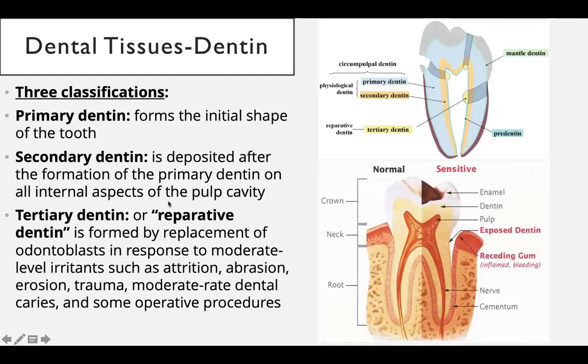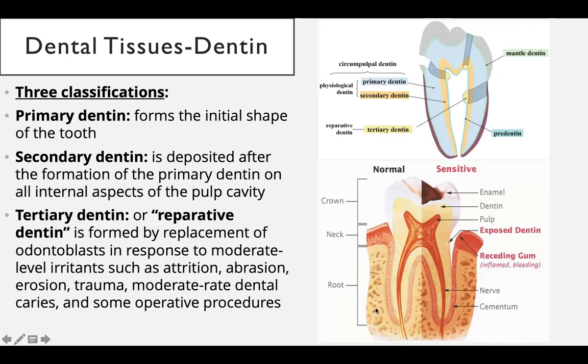So tertiary dentin or reparative dentin is formed by the replacement of odontoblast in response to moderate level irritants such as attrition, abrasion, erosion, trauma, moderate level dental caries, and some operative procedures. Okay, so on the right side here we can see the normal part of our tooth and the sensitive part of our tooth. We have 10 minutes remaining.